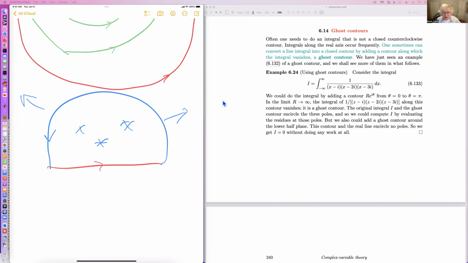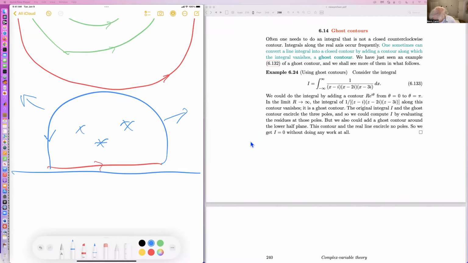And one can sometimes convert a line integral into a closed contour by adding a contour on which the integration vanishes. So the picture, in fact, is as diagrammed here.